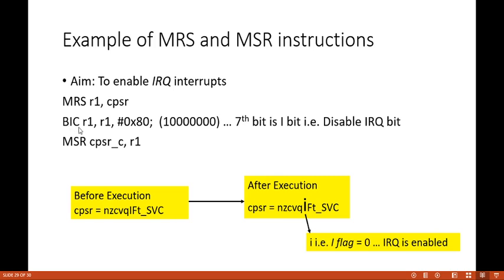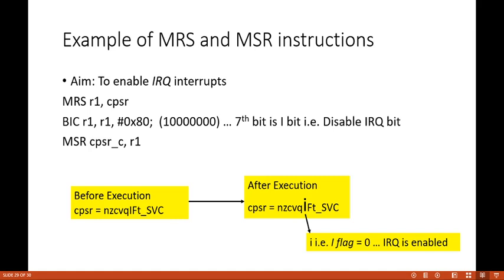BIC is nothing but bit clear. Bit clear R1, which bit is cleared? It ends with 0x80. 0x80 means bit number 7. So what is the 7th bit? It is the I bit. The I bit is nothing but disable IRQ. When you make this bit 0, you are enabling the IRQ. When you make it 1, you are disabling the IRQ.